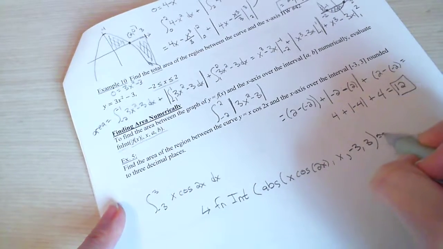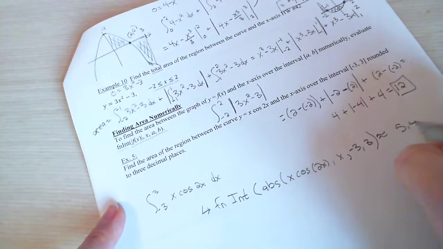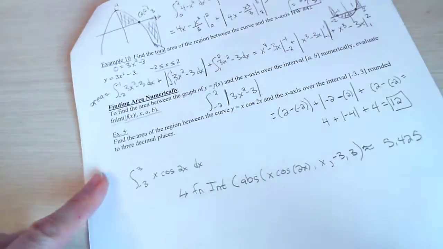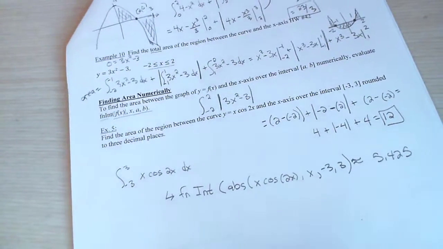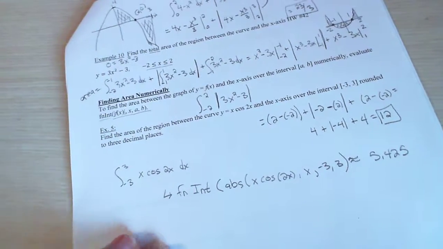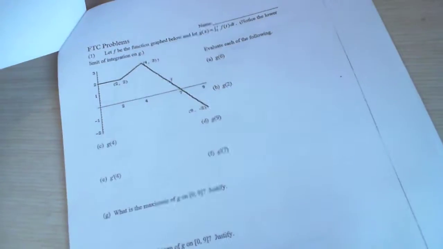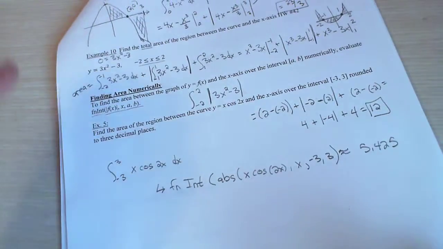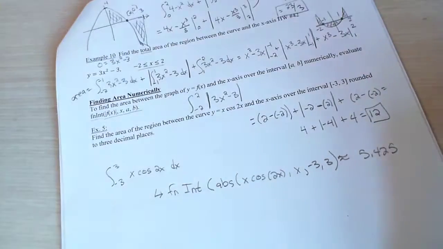And what you should get, I should do this as an approximate, 5.425. So you can check these in your calculator, or if it were a calculator question. Alright, so that is the rest of the 5-4 notes.